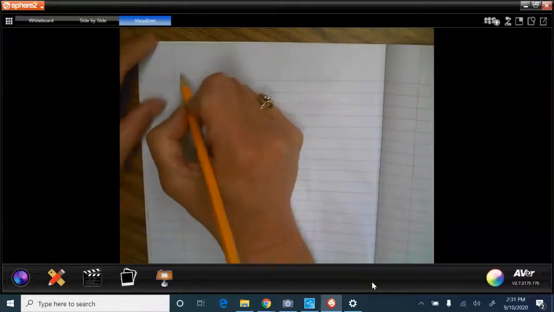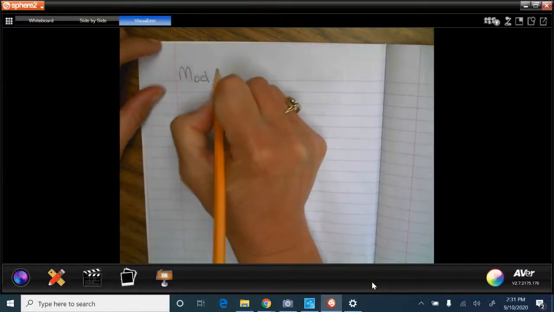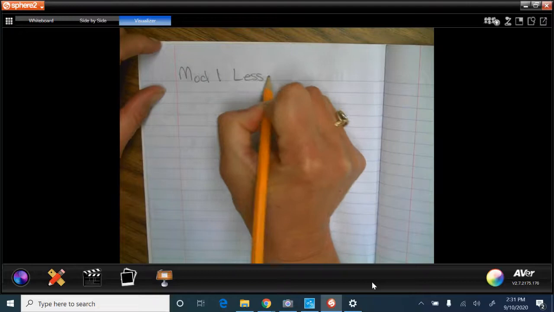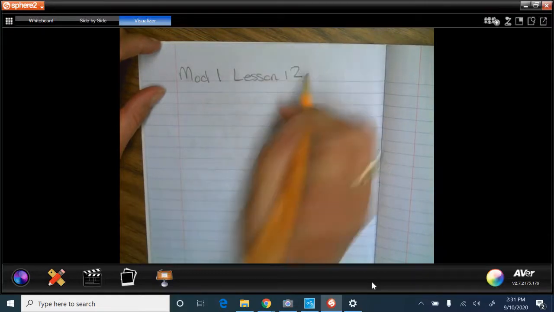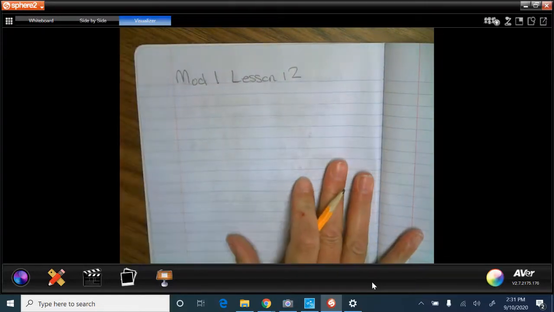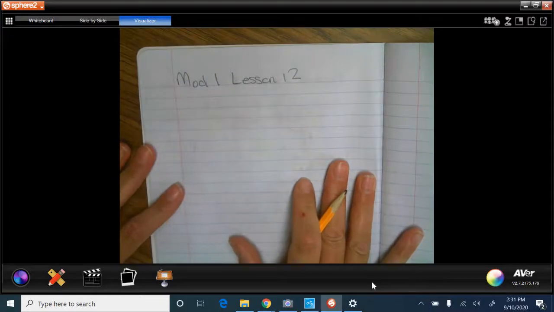All right, here we go with Module 1, Lesson 12. And this lesson has a funny word.